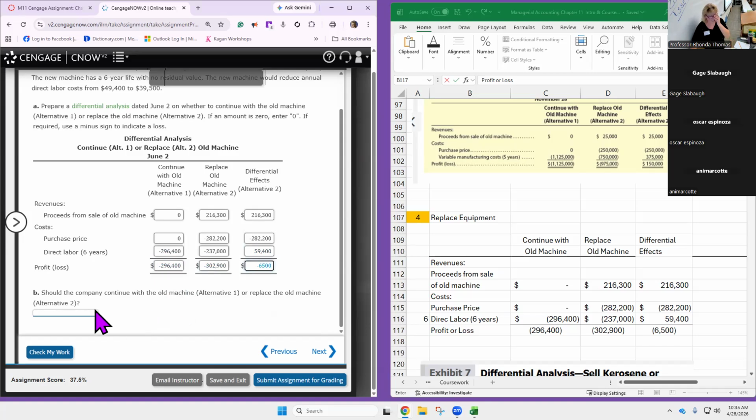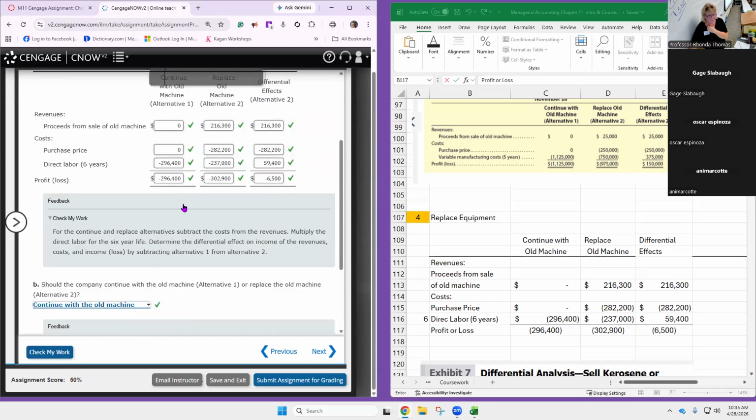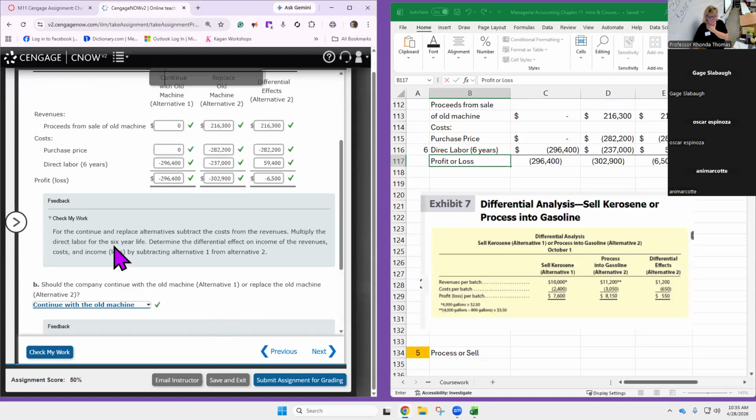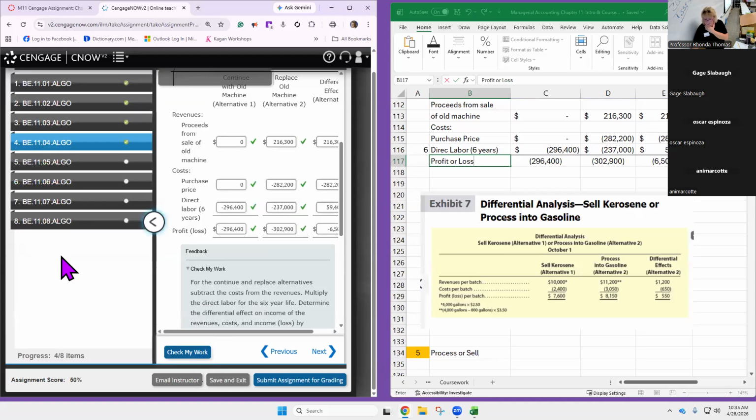Okay, so should they continue with the old machine? They should continue with the old machine based on this information. Yep. Because which one is more cost, more of a loss? Here's your more loss. Okay, yep. Okay, we're cooking through these pretty good.